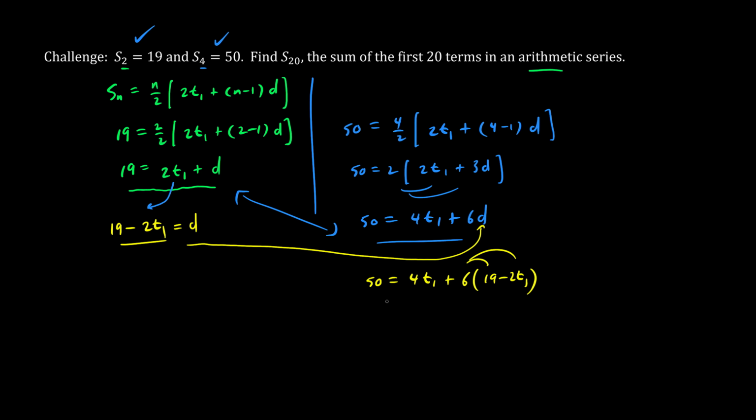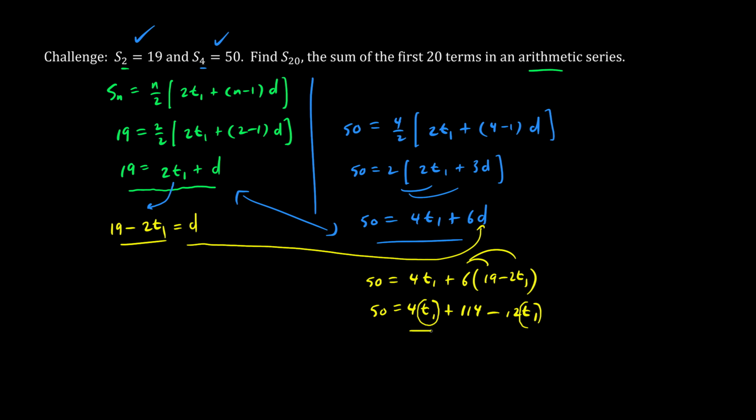We'll use some distribution here. 6 times 19 minus 12t1. So now we only have one unknown variable, which is called t1. We should be able to solve this.